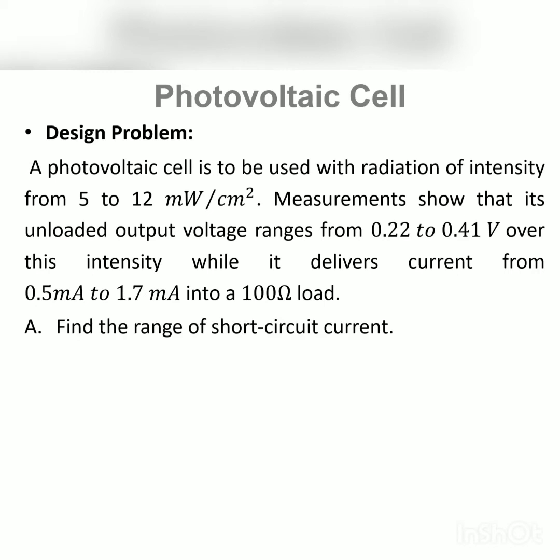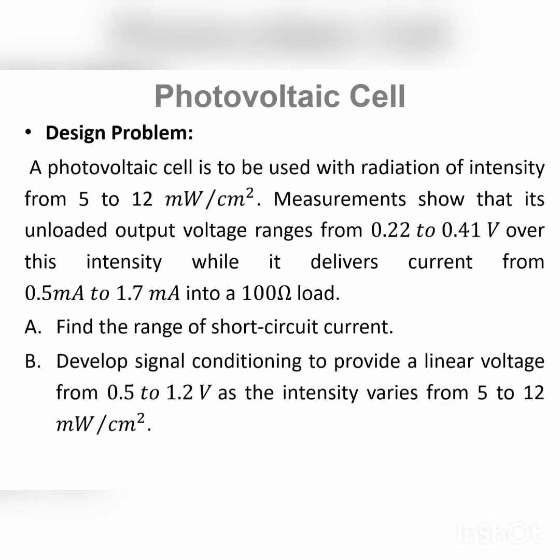We have to find two things. First, find the range of short circuit current, and second, develop the signal conditioning circuit to provide a linear voltage from 0.5 to 1.2 volts as the intensity varies from 5 to 12 milliwatt per centimeter square.